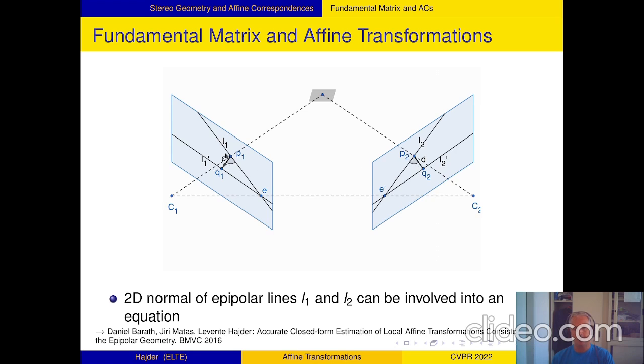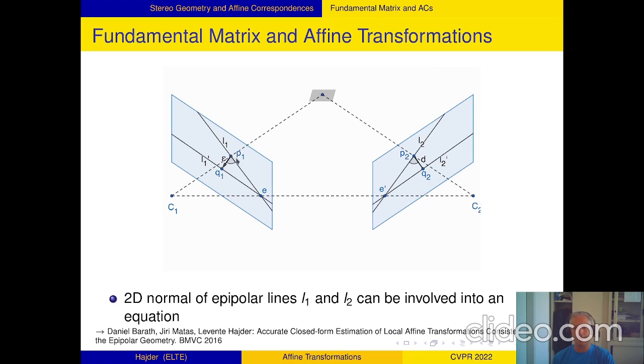And the ratio of d, the distance in the second image, and epsilon, the distance in the first image, is a very important value because it shows how an affine transformation can magnify the distance of epsilon along the normal directions.